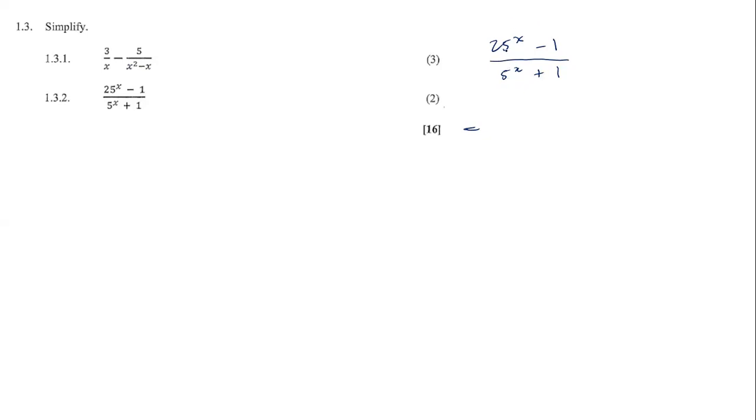So what we see is that we have 25 to the power of x, and then we have 5 to the power of x. Since we have 25, we can change this 25 to the smallest base of 5. So we know that 25 is given by 5 to the power of 2 multiplied by this x. That means it's going to be 2x over there, subtract 1. Over at the bottom, we're going to write it as it is, which is 5 to the power of x plus 1.